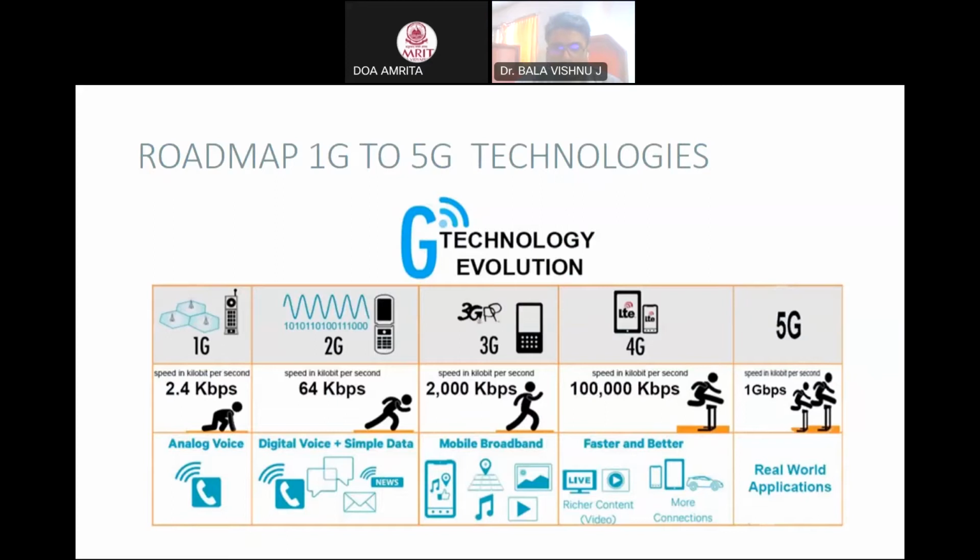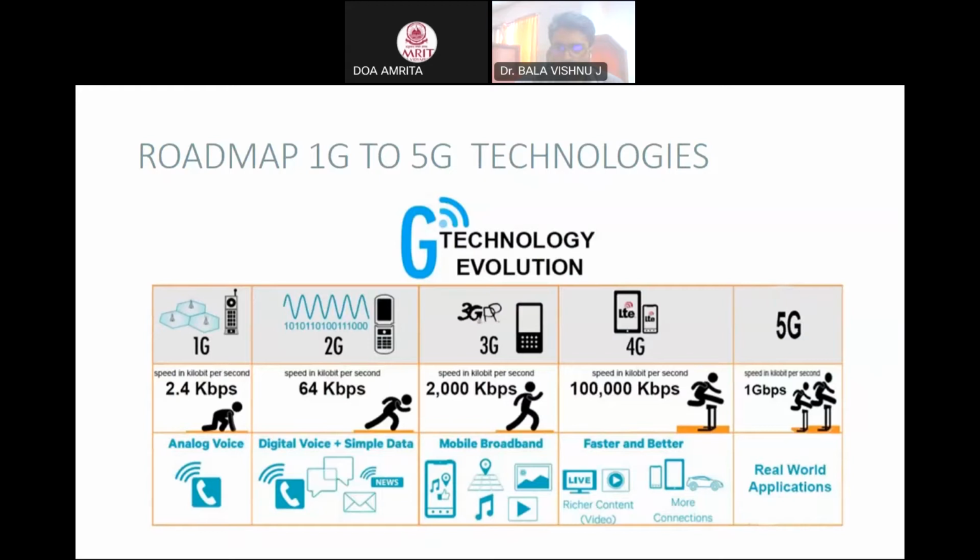And apart from that, we are having GPRS, that means your data is being transferred and received through the internet. We are achieving about 64 kilobits per second in second generation communications.